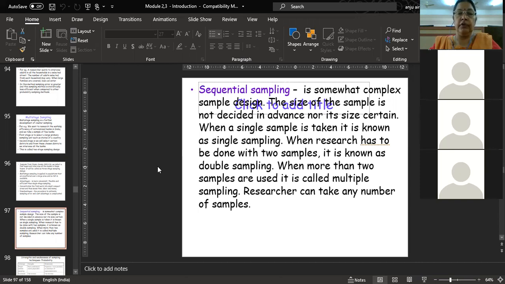Suppose if it's a very large population and you have to take two samples, then it will be known as double sequential sampling. So this sequential sampling technique is very useful also to take a sample from very large populations.